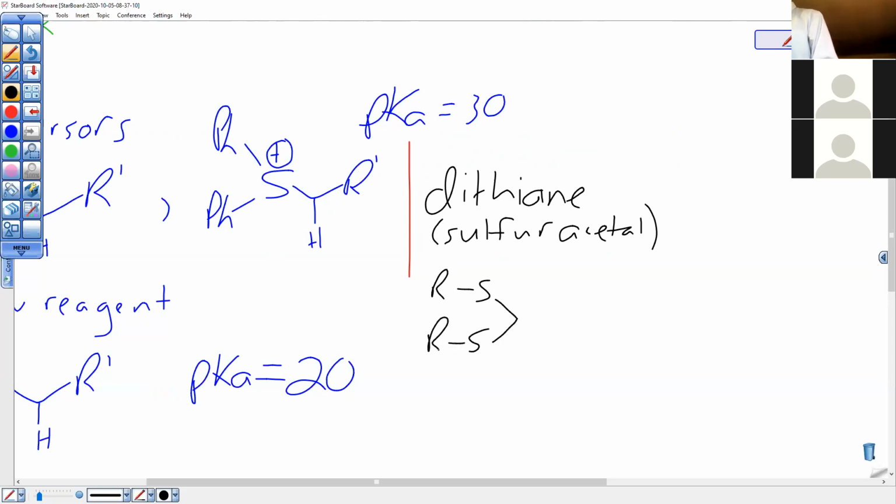The R groups could be connected. They don't have to be. And it was also a 30. And I think that covers all the new ones for this chapter, for this test. And that was good review.